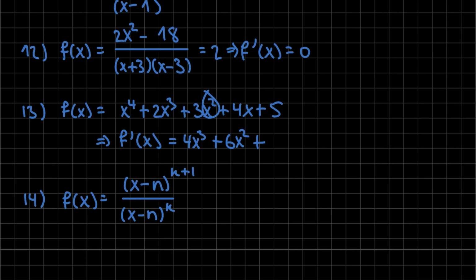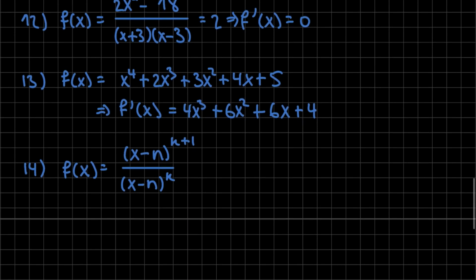And then the derivative of x squared is 2x, but we're also multiplying by 3, making the derivative of this term 6x. And then the derivative of 4x is just 4. And the derivative of the constant 5 is just 0, which doesn't have any effect, so I'm not going to write it. So that's our final derivative function.